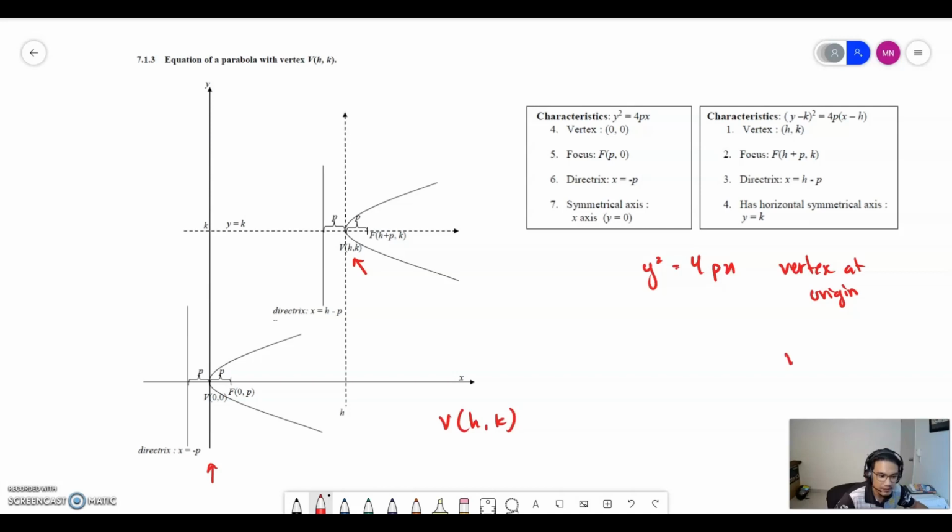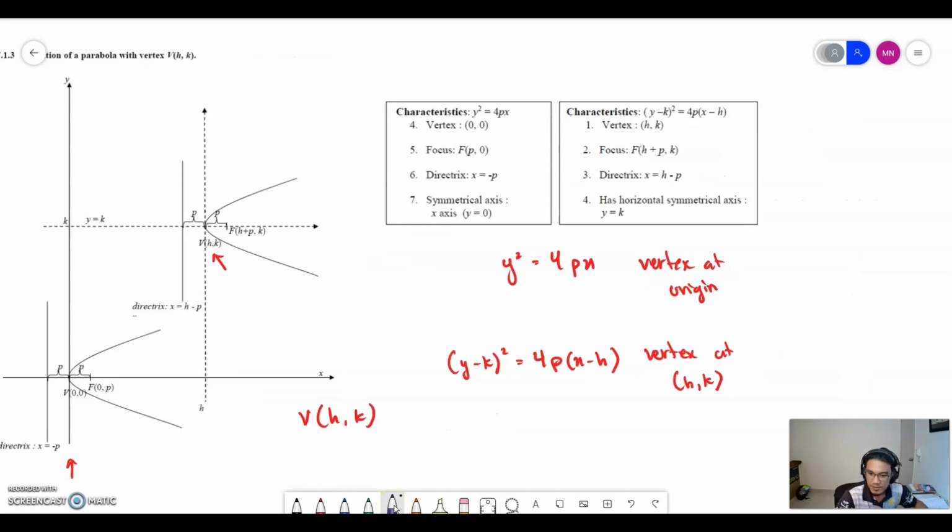Now, if the vertex is moved to the position (h, k), then the equation becomes (y minus k) squared equals 4p(x minus h). Okay, this will be the new equation of a parabola where the vertex is not at the origin.